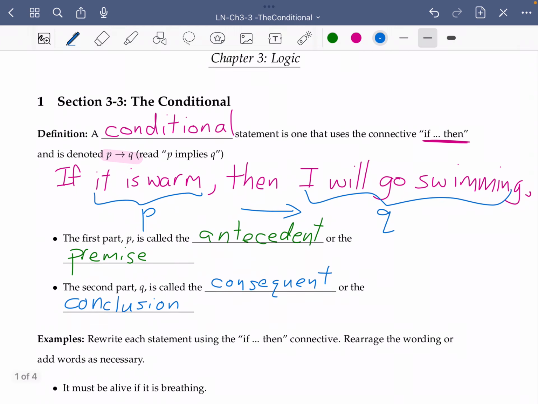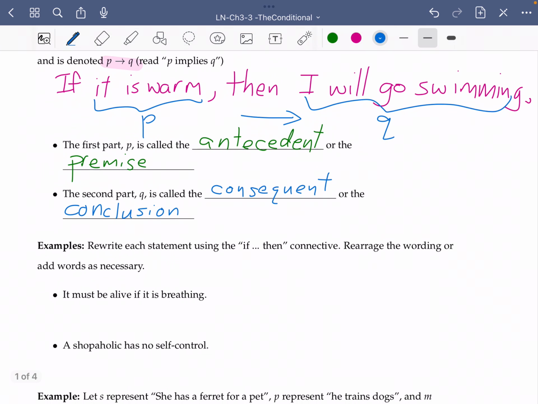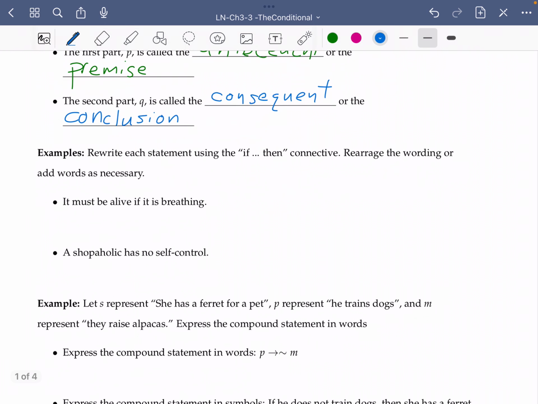So if we were to look at some examples, we're going to rewrite the statement using the if-then connective. When we see if-then statements, they don't always show up as if-then statements. Sometimes they have other types of wording. So we're going to rearrange the wording or add words as necessary. Here, our first example, it must be alive if it is breathing.